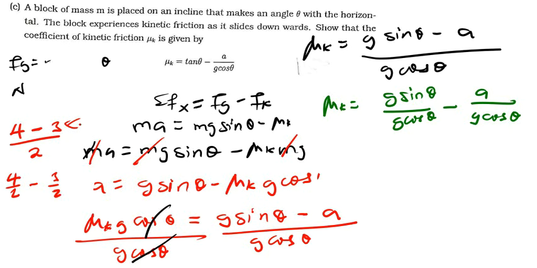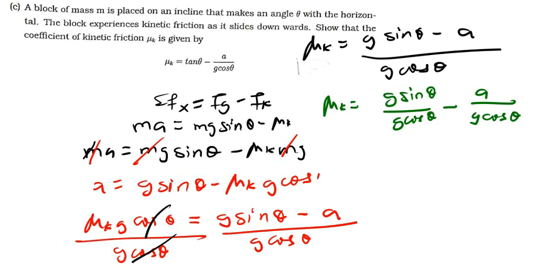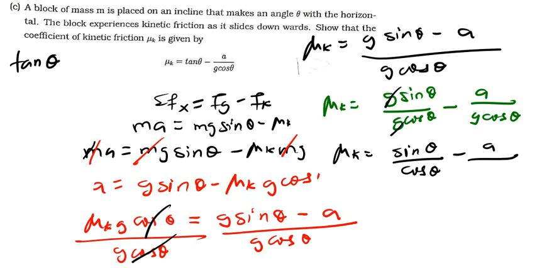Now let's go back to trig. Before we even do that, I want you to understand that we have got mu k, g and g can go, and I have got sine theta divided by cos theta minus a divided by g cos theta. You understand that tan theta is equal to sine theta divided by cos theta.